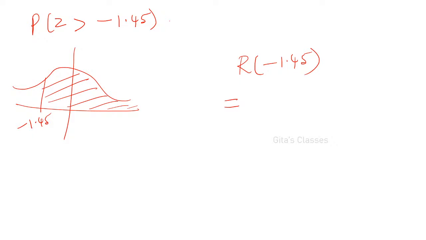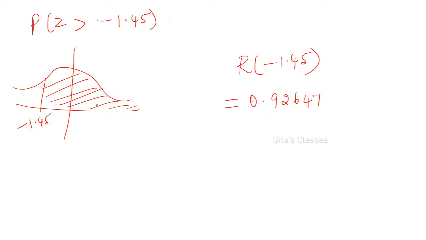Shift 1, then 5, 3, R of minus 1.45. Don't forget that minus. It should be used properly. So 0.92647. Have you got it?